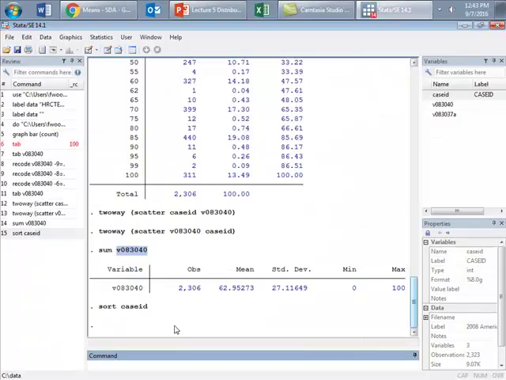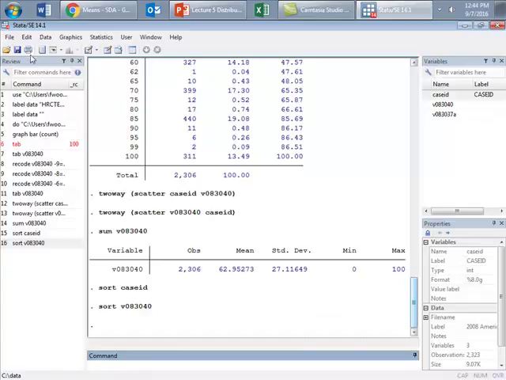Let's close that. Sort by... that's better. And now I'm looking for the observation that is 1,153rd.